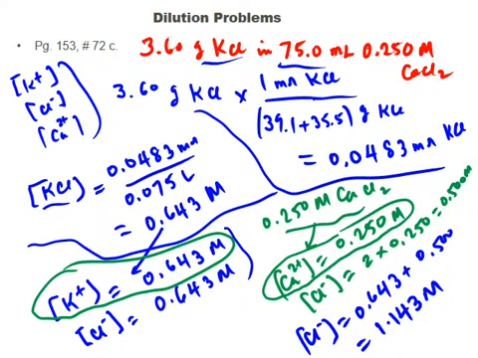So these are my three answers, all highlighted in green. K plus is 0.643, calcium 2 plus is 0.250, and Cl minus is 1.143 molar.